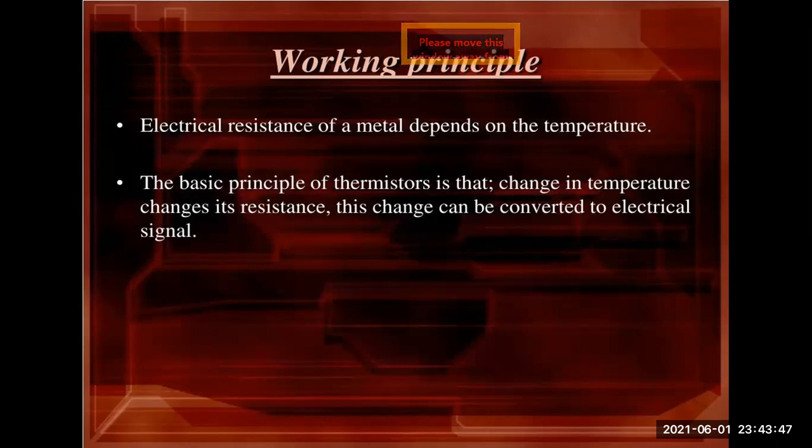The basic principle is that the change in temperature is directly related to the change in resistance, and for the negative temperature coefficient, the relationship is reciprocal, and this can be converted into electrical energy. That is the reason they are also known as transducers.